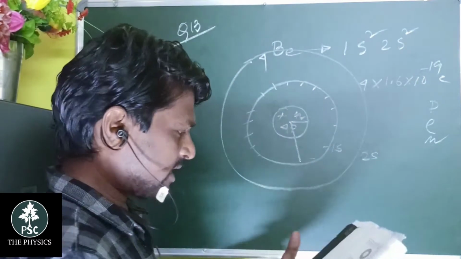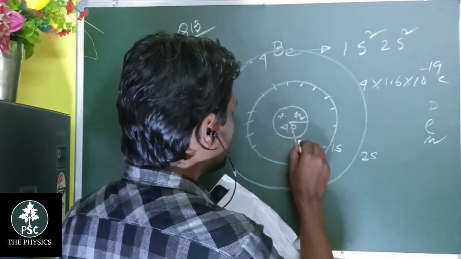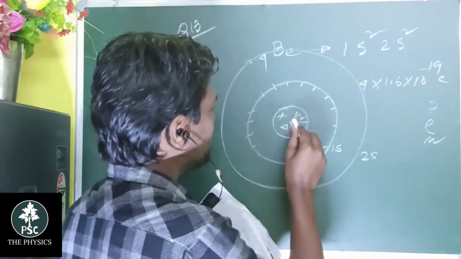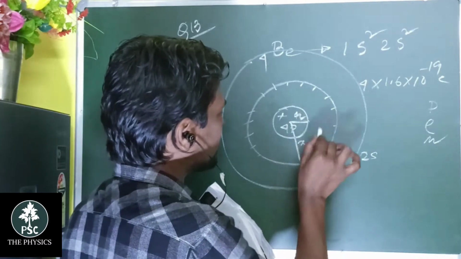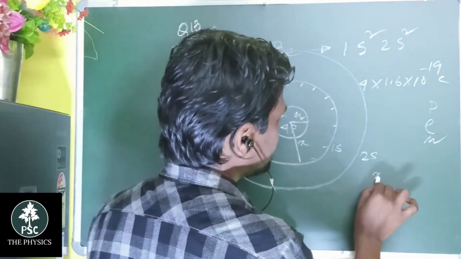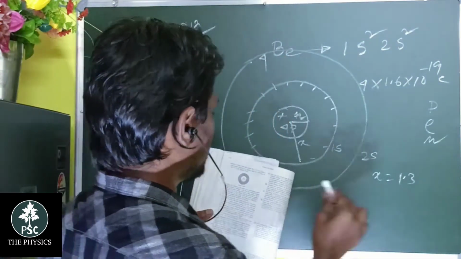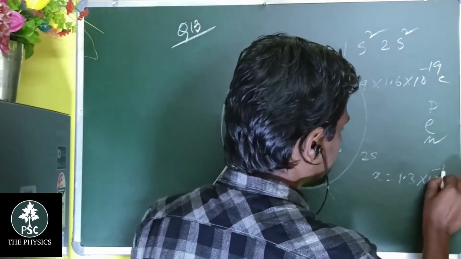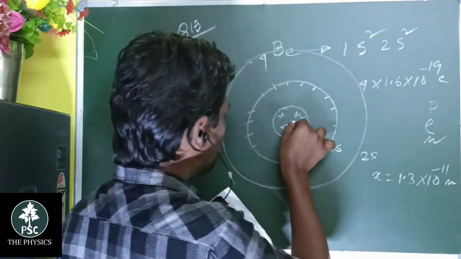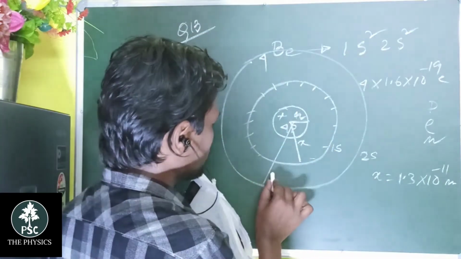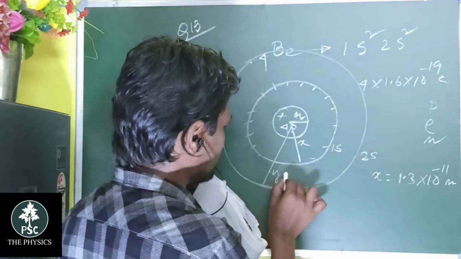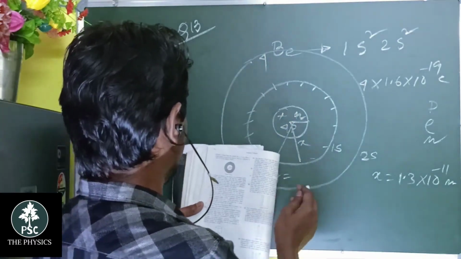So if I say this is r, this is x, then x equals 1.3 into 10 to the power of minus 11 meter, and this is 2s. If I say this is y, then it is given as 5.2.